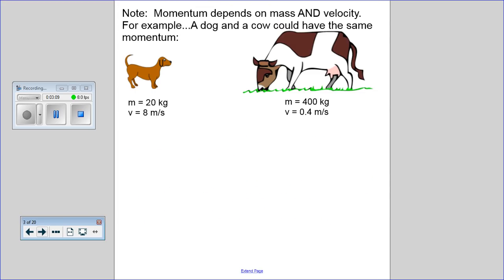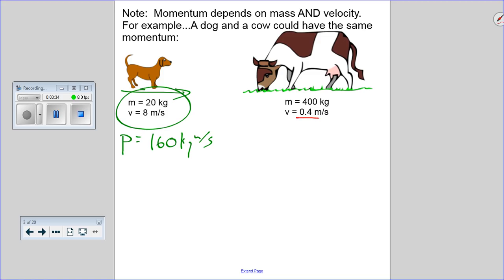As we just illustrated, the momentum depends on the mass and on the velocity. So what that means is it's possible for different objects with different masses to have the same momentum. In this example, our little wiener dog has a mass of 20 kilograms and a velocity of 8 meters a second. So his momentum is 8 times 20, so 160 kilogram meters a second. Our cow, meanwhile, cows tend to be slower.